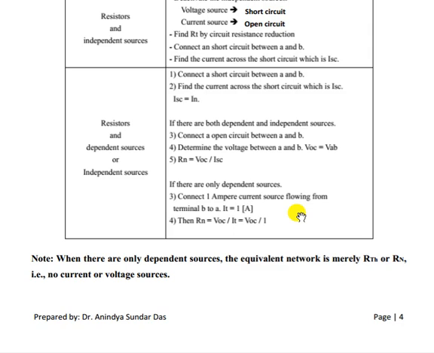Then find the voltage drop across the current source. RTH will be that voltage V divided by I. I is known, 1 ampere, so you can find RTH. If you have connected a voltage source of 1 volt, find the current leaving the voltage source. Then RTH is equal to V divided by I, where V is 1 volt divided by the value of current I.